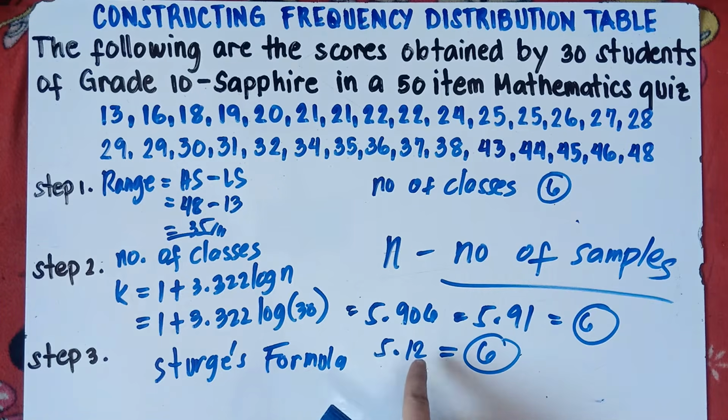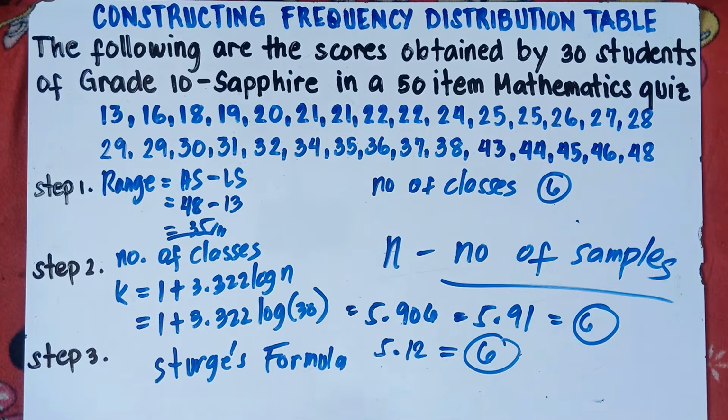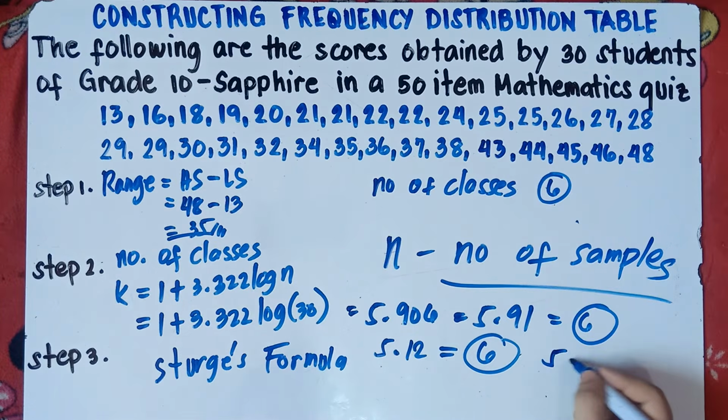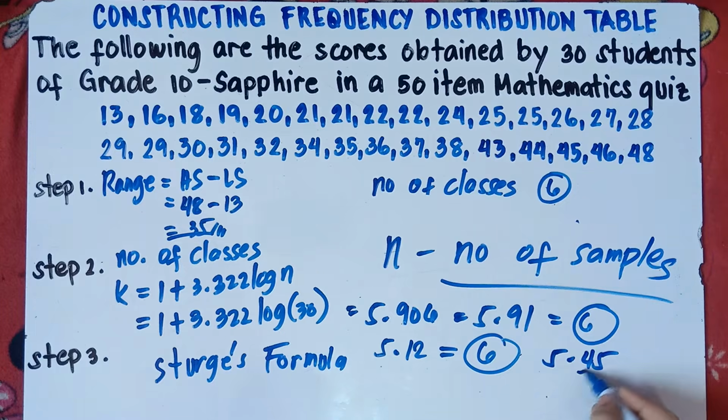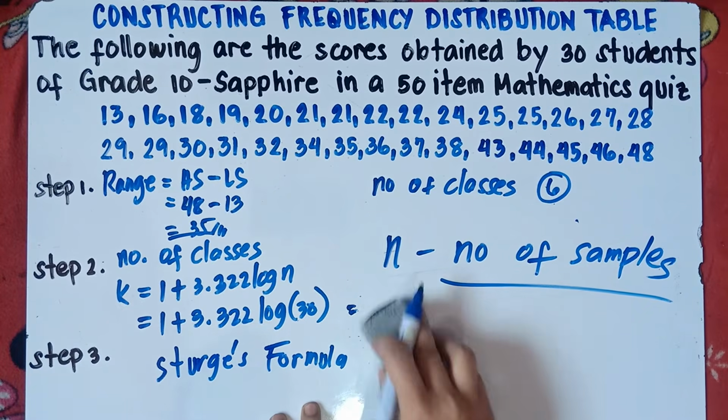This 0.12 is less than 50, but the rule for the number of classes is you always round up, even if it's 5.45. Always round up. The answer is 6. So we have the number of classes, that's 6.